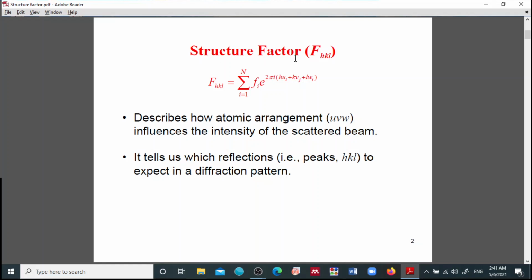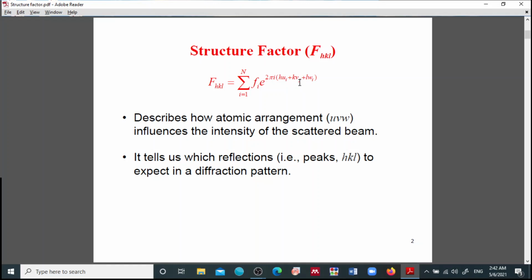This is denoted by F_hkl in the subscript, and this F_hkl equals this equation: sigma i from 1 up to n, f_i exponent 2 pi i (hu plus kv plus lw). This is basically i, right?